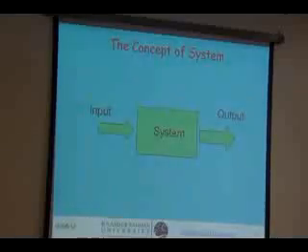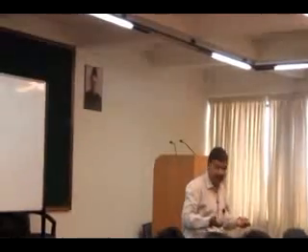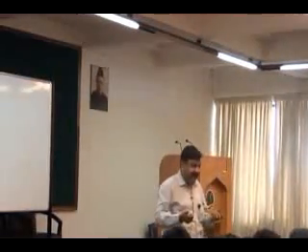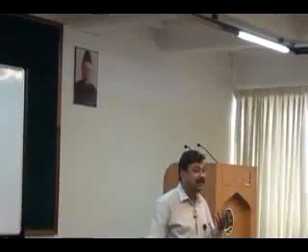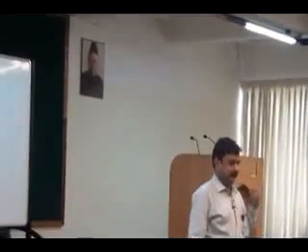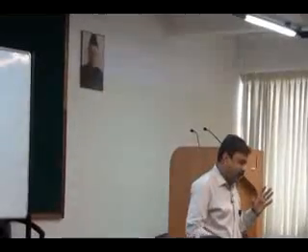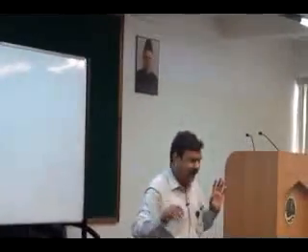Now, what is an input? The input can be some material. The input can be some energy. The input can be some value. The input can be some signal. Accordingly, there will be outputs.